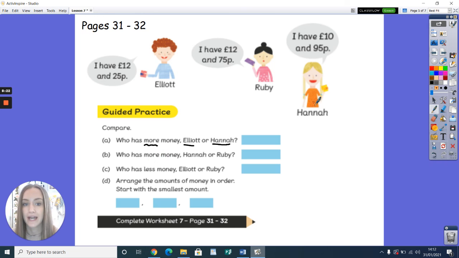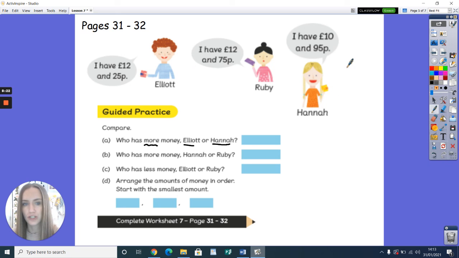Who has more money, Hannah or Ruby? Who has less money, Elliot or Ruby? And then it says, arrange the amounts of money in order. Start with the smallest amount. So we don't need the children's names, it's the amounts of money in order, starting with the smallest.